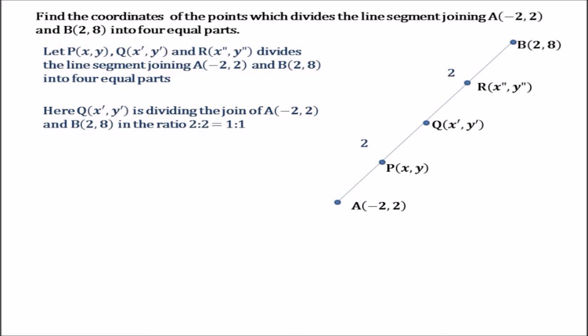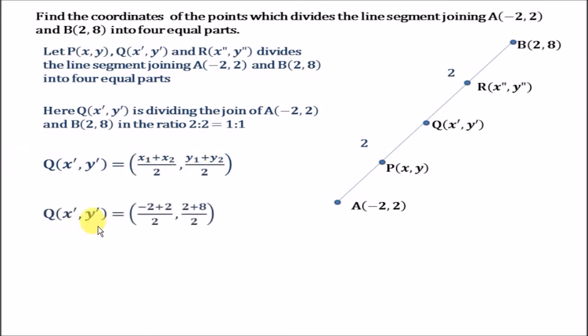So we can use the midpoint formula of coordinates. Q x dash comma y dash equals to x1 plus x2 by 2, comma y1 plus y2 by 2. Now let's put the values. Q x dash comma y dash equals to the x coordinates minus 2 plus 2 by 2, comma the y coordinates 2 plus 8 by 2.